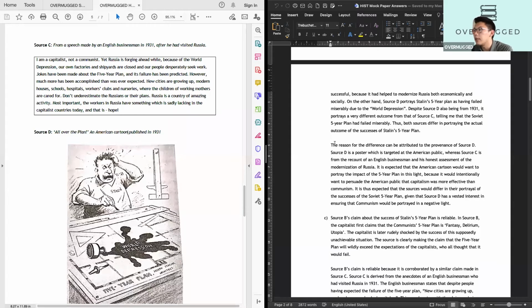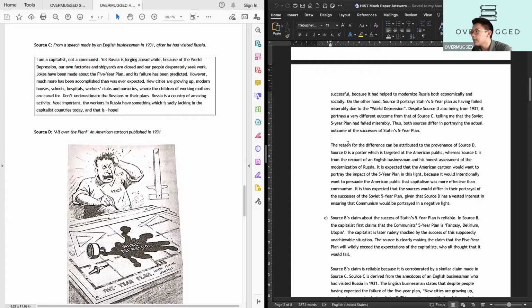So over here, when you take into account the context, the reasoning should go: the reason for the difference can be attributed to the provenance of source D. Source D is a poster which is targeted at the American public, whereas source C is a recount from an English businessman and his honest assessment of the modernization in Russia.